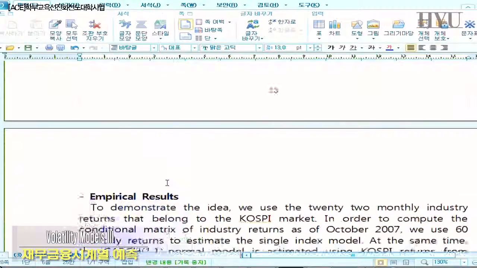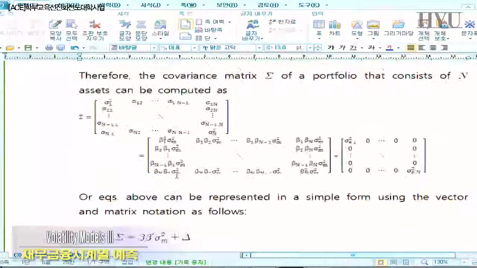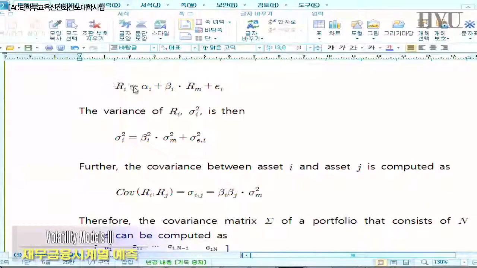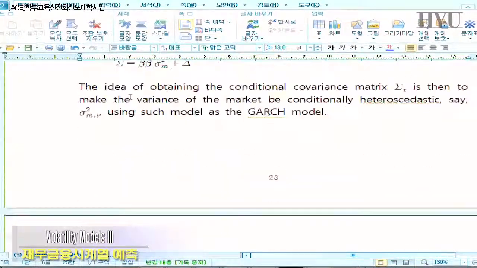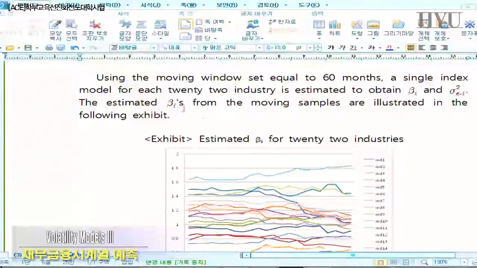And on this side, I have 22 return series from 22 industries in the Korean stock market. So 22 industries, and you can estimate beta, sigma squared, right?